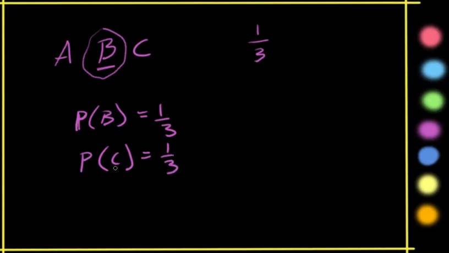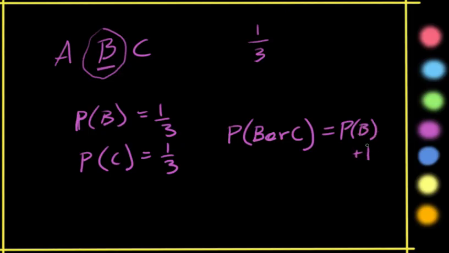And as long as B and C can't happen at the same time, meaning that they're mutually exclusive, the probability of B or C is going to be equal to the probability of B plus the probability of C. So in this case, it would be 1/3 plus 1/3, which would be 2/3.